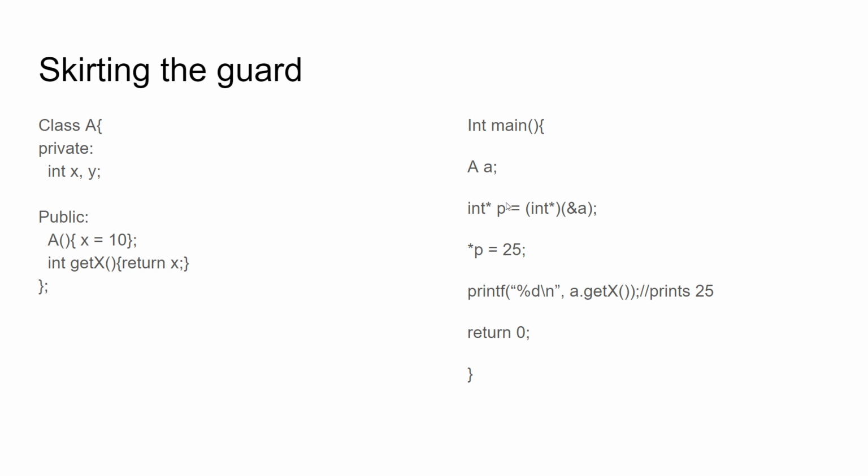It's pointing to the beginning of A. What's at the beginning of A? X. So if I say star P equals 25, where's P pointing to? X. So what's it going to change X to? 25. So you'll print out 25 even though X is private, because I knew where in memory it was going to be, in terms of how the object was constructed.